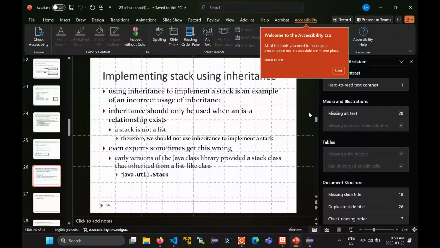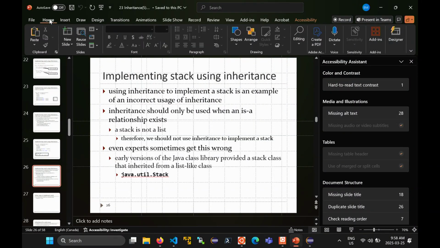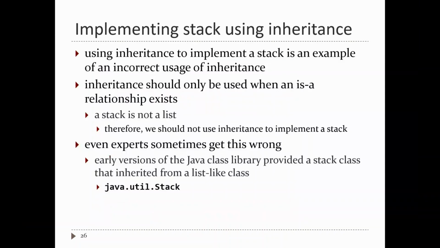So even expert programmers get this wrong. In the 90s, I guess, and in the 2000s, when object-oriented programming started to become very popular, you would come across code that had all sorts of incorrect inheritance. And the general advice given today is that you should generally avoid inheritance when you can.